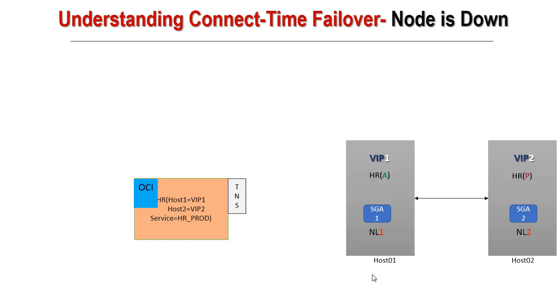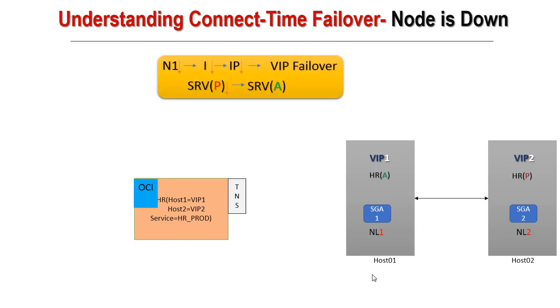This is what happens in a failover configuration. So when a failover happens, the session is going to be connected. This is an example of a failover requirement where a node is going to be down, and you can see what the client does if the particular node is down.